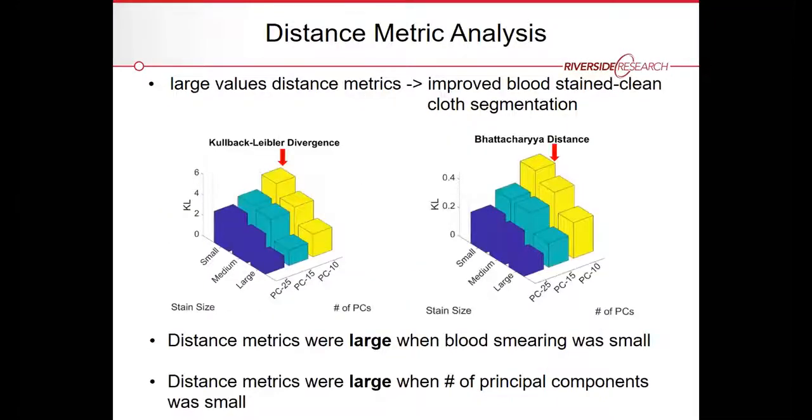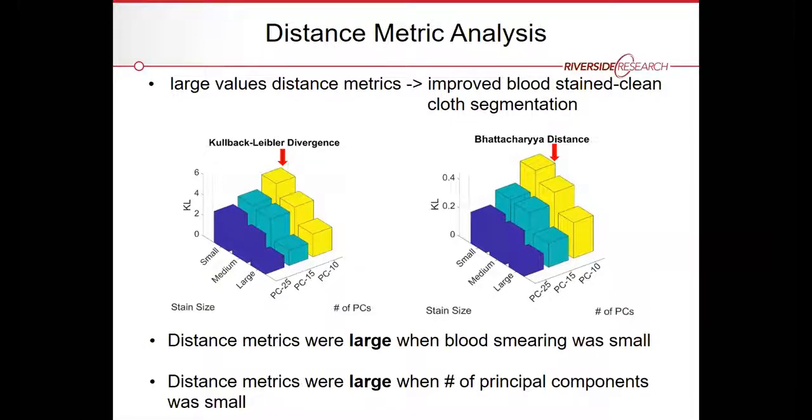So these are basically the results of the Kullback-Leibler divergence and the Bhattacharya distance. Again, large values for the distance metrics mean improved blood-stained clean cloth segmentation. The distance metrics were large when the blood smearing was small. If you look on the left-hand axis, you see small, medium, large.